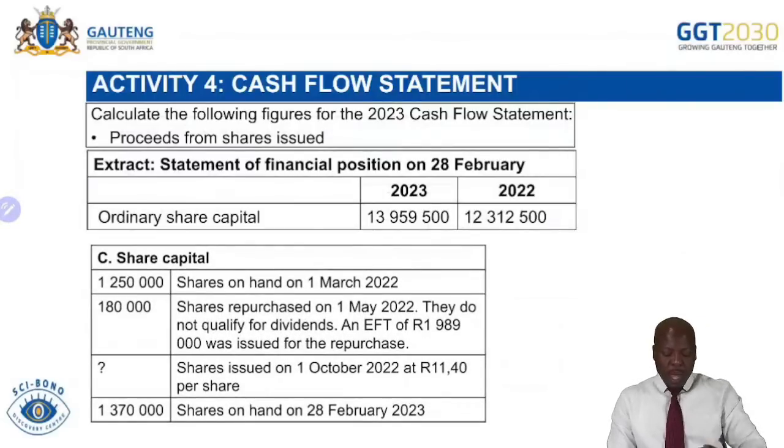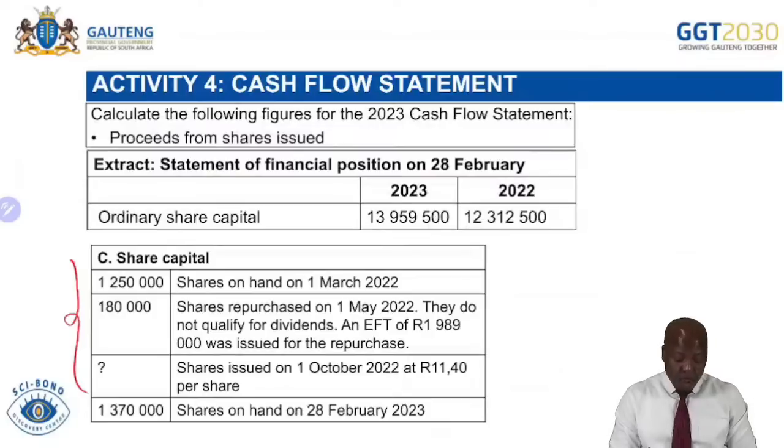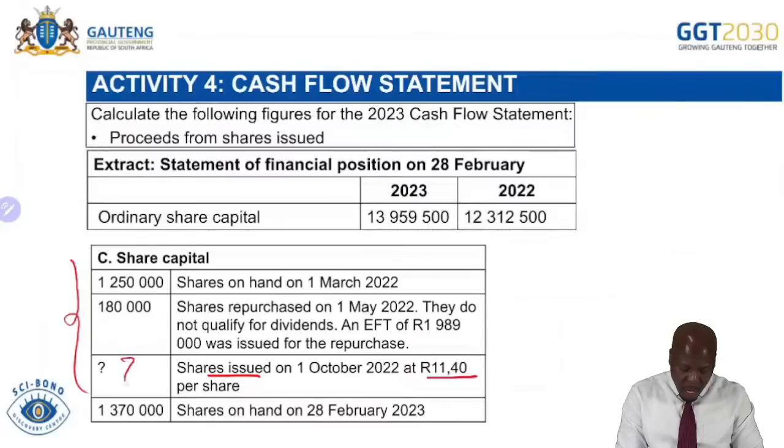Remember, we dealt with this piece of information earlier on when we did the retained income note, so we are familiar with what is happening here. But here they said shares were issued at 11 rand 40. Do we know how many shares were issued? Do we know?